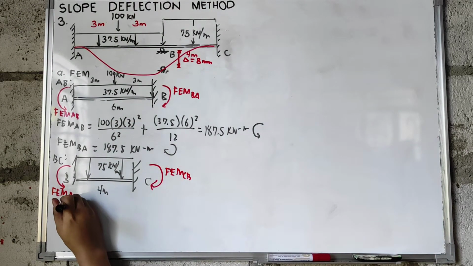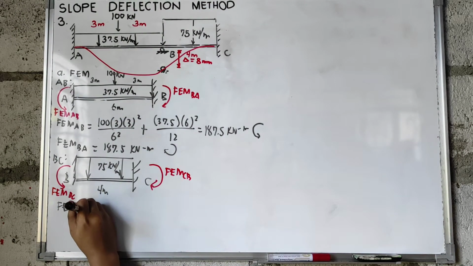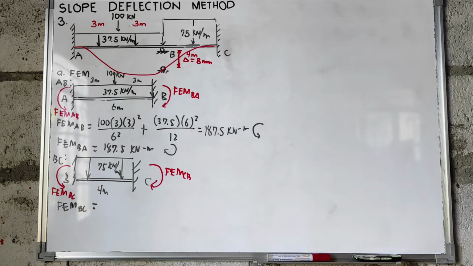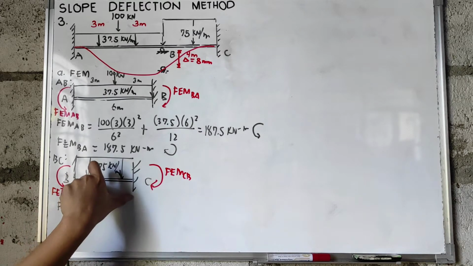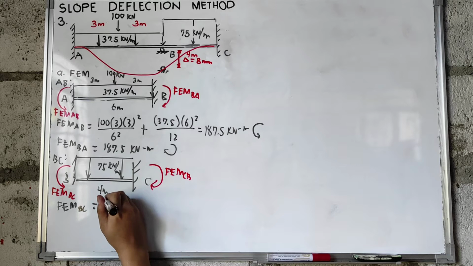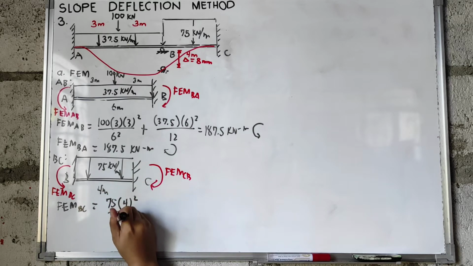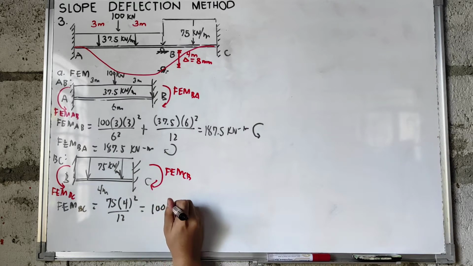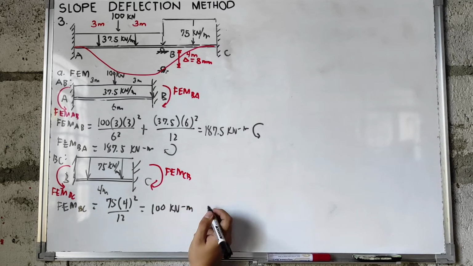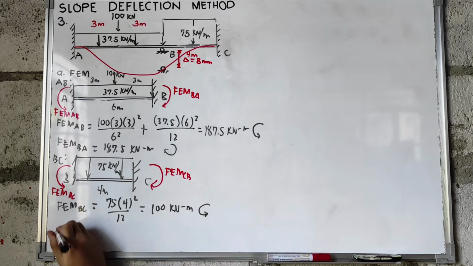For the value of your FEM-BC, since it is a uniformly distributed load acting on the full length of our span, that will become wL squared over 12. So the value of your FEM is now equal to 100 kilonewton meter, counterclockwise.